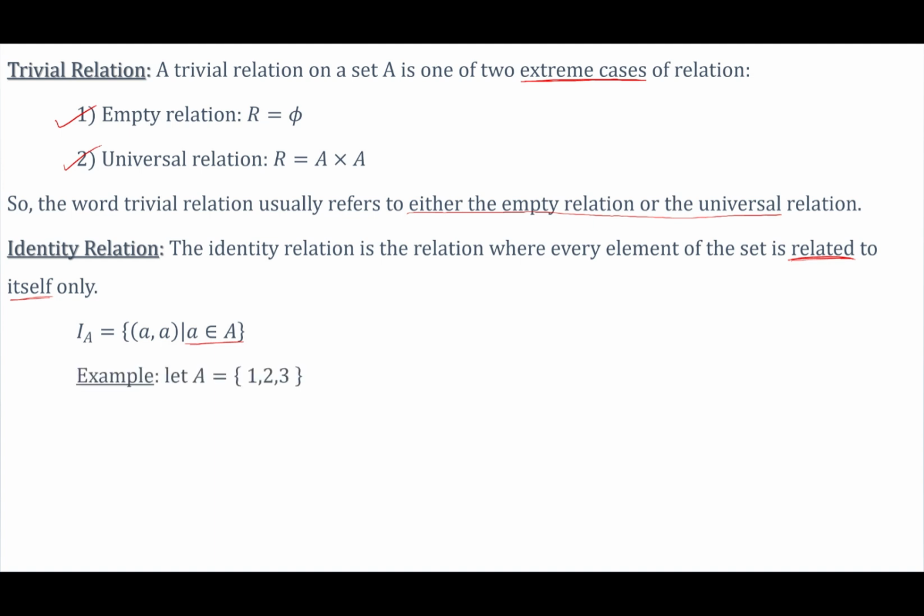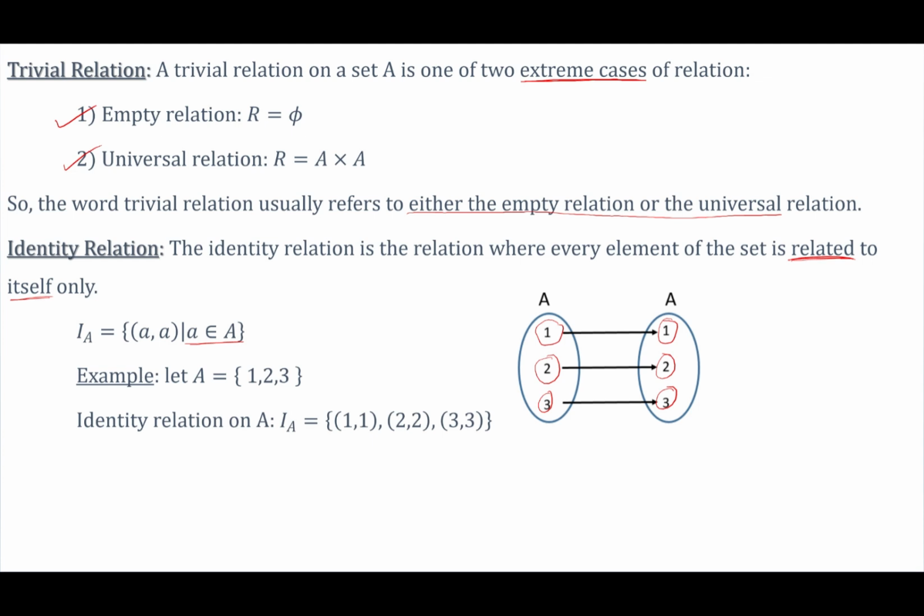A set A has 3 elements, 1, 2, 3, and they are connected with themselves. See, element 1, which is of set A, is connected to 1, 2 with 2, 3 with 3, which is called an identity relation. This is an identity relation.